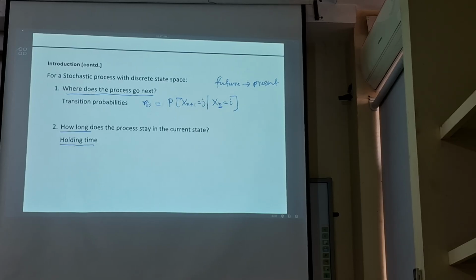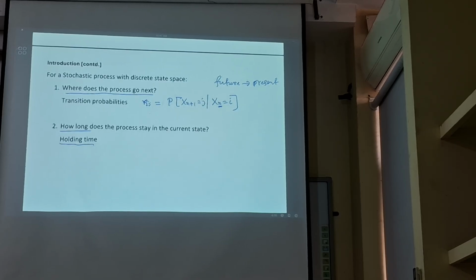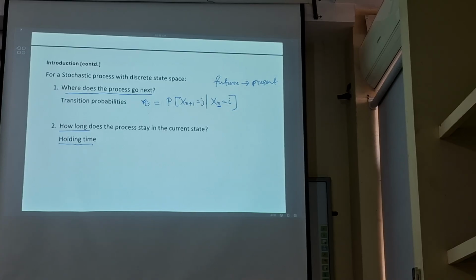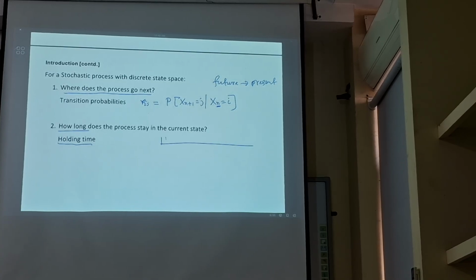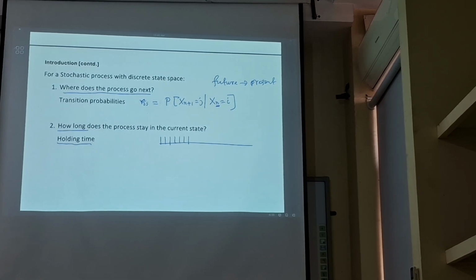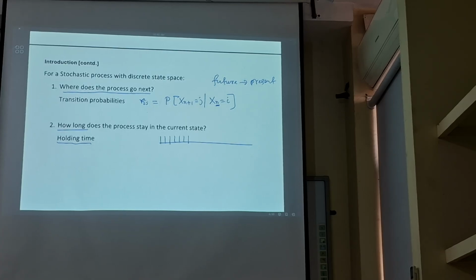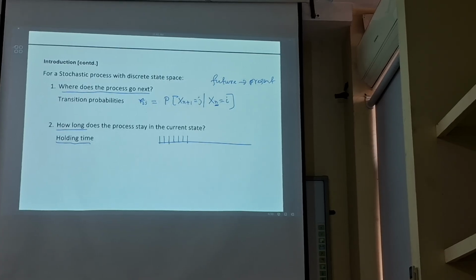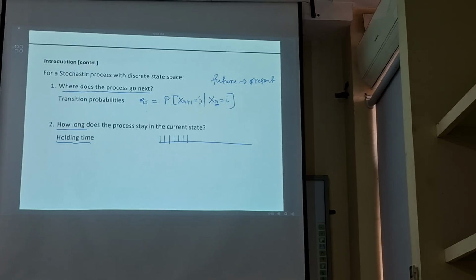So holding times: when we focus on discrete time, transition occurs after what? Time is divided into smaller intervals of equal length. After each interval, a transition occurs. So how long does the process stay in the present state? If there is no self-transition, it leaves at the next transition.